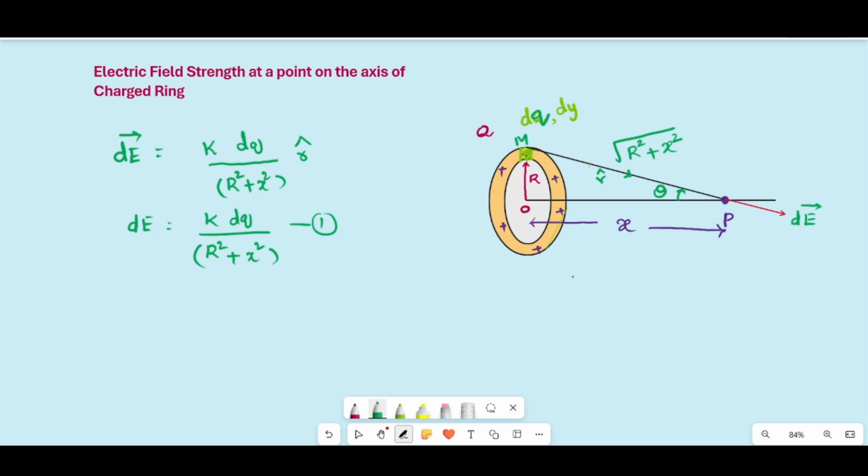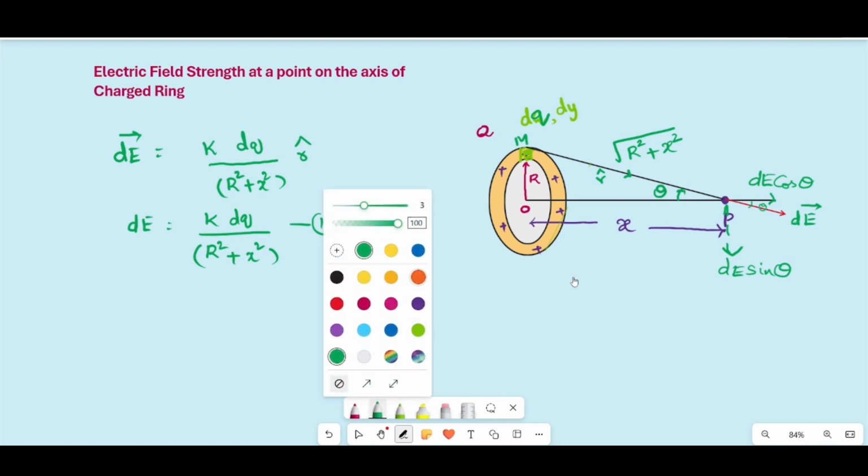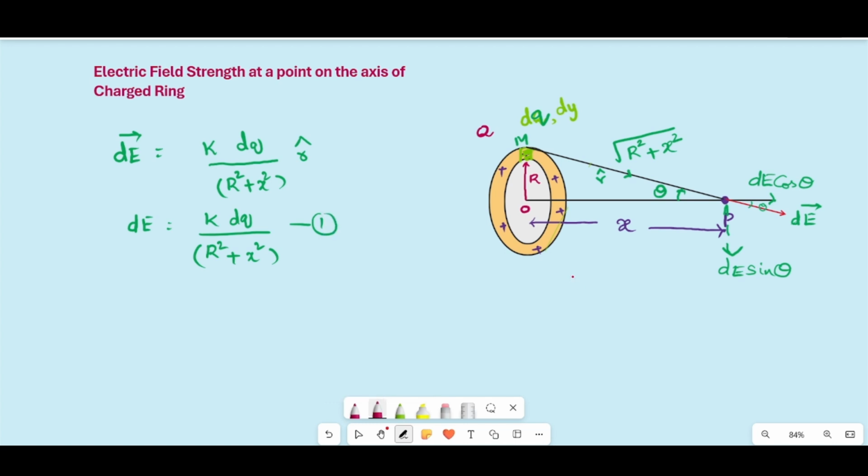So this is the electric field intensity at P due to the small segment dq. The electric field is directed in the given direction dE bar, making an angle theta. If you resolve it into components, one becomes dE cos theta, and the other, the vertical normal component, is dE sin theta. Now let us take another segment exactly opposite to the first one.